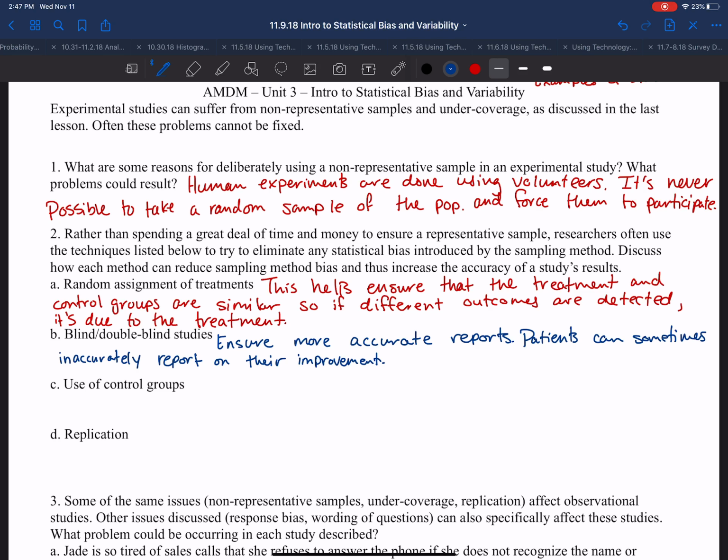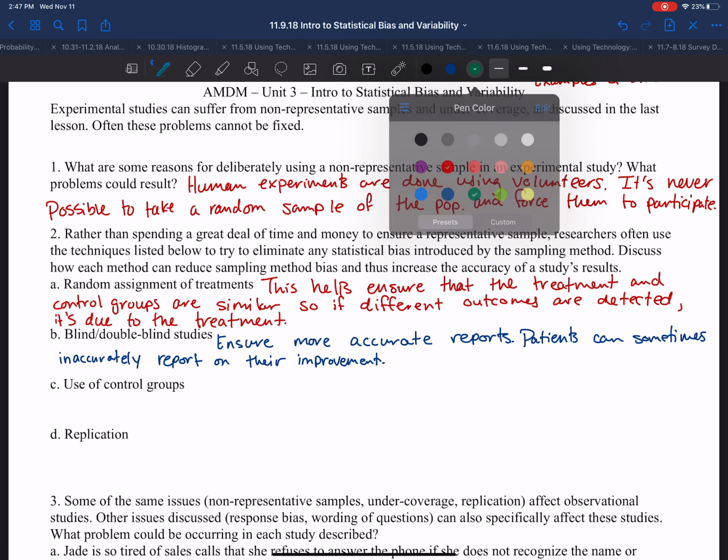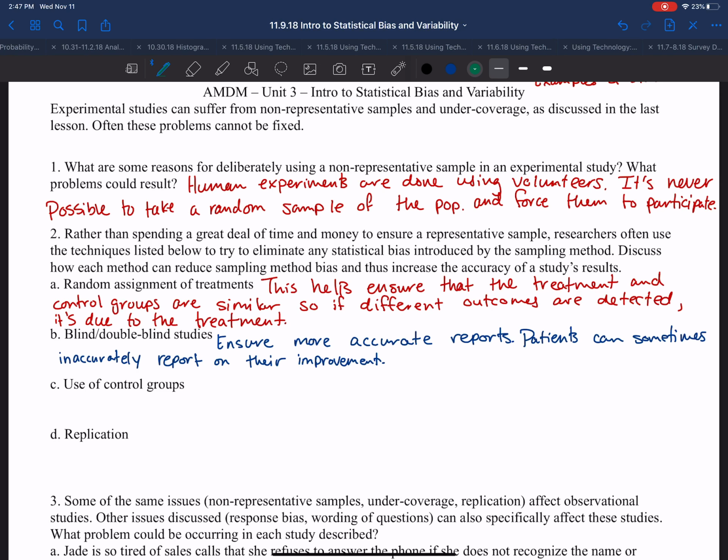Now, use of control groups. This is important because if you don't have a control group, you don't know how much the treatment is affecting those people. So we can just say this is related to the first two techniques. Okay.